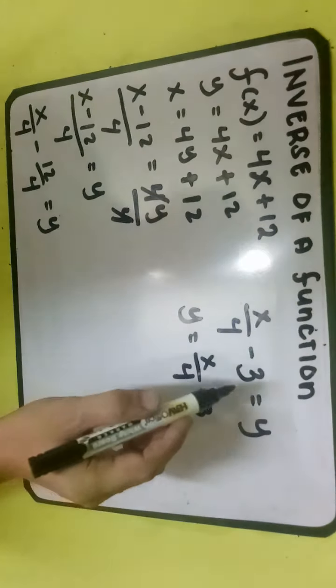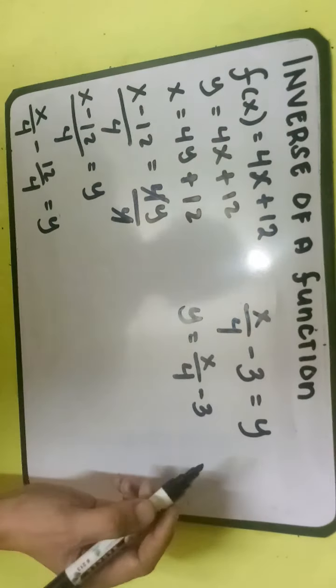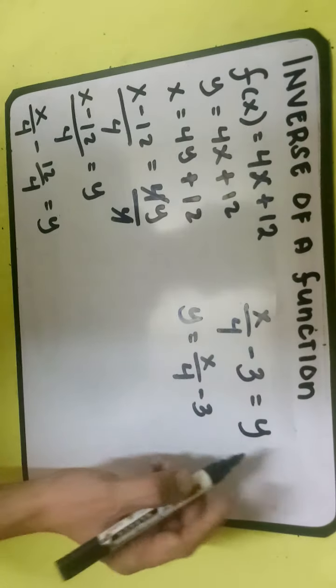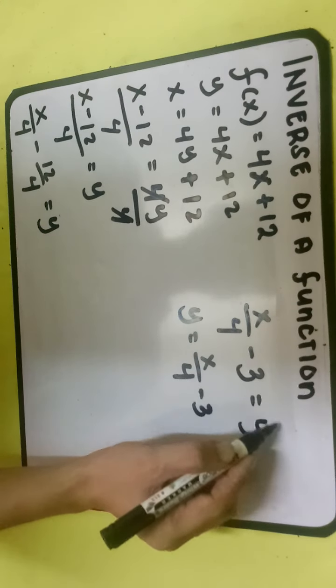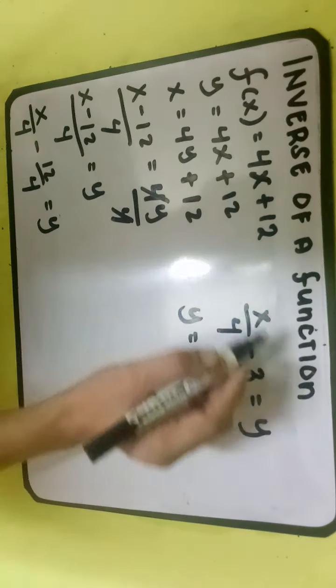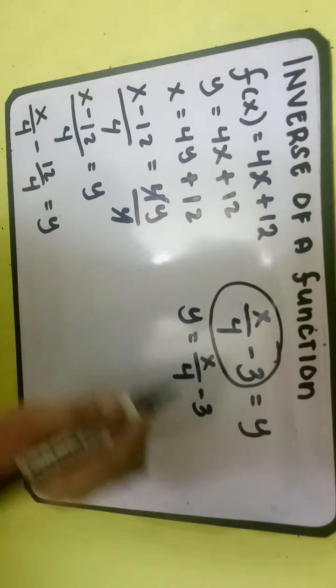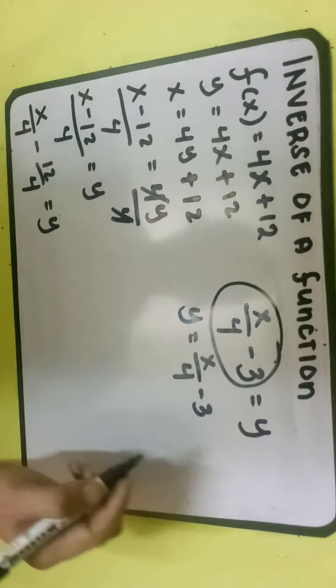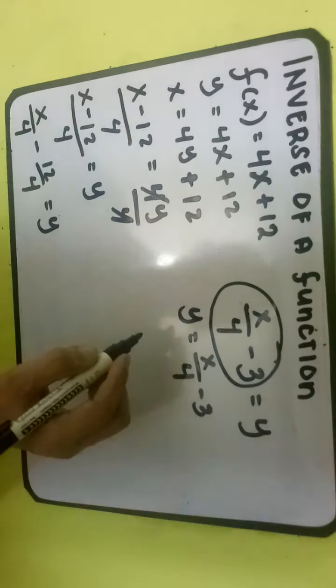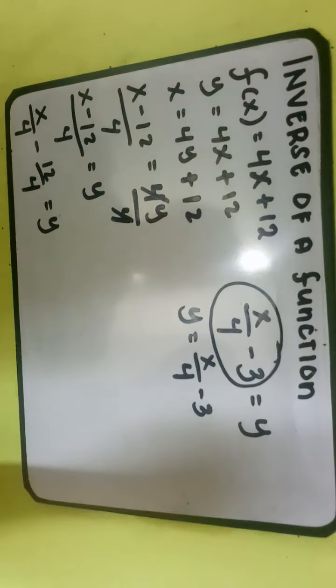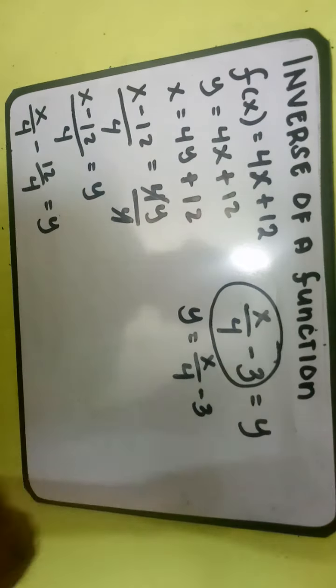Kasi di ba ang sabi ko, kapag lumipat tayo ng kabilang side ng equal sign, magbabago ang sign. Unless, kung lahat, halimbawa ito, y lang naman siya, ay ililipat at itong buo na to, yung buong expression na yon ay ililipat din sa kabilang side. So, hindi na sila kailangang magbago ng side. So, mapupunta na si y sa left hand side. And then, for the right hand side, that is x over 4 minus 3.